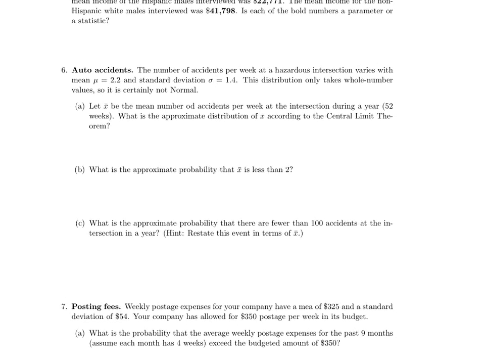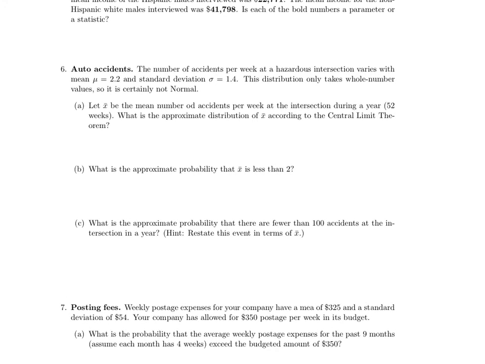I'm going to look at the auto accidents example. The number of accidents at an intersection, mean is 2.2. Standard deviation is normally distributed. Okay. What is the approximate probability that x bar is less than? I'm just going to go ahead and say that this is an old problem.